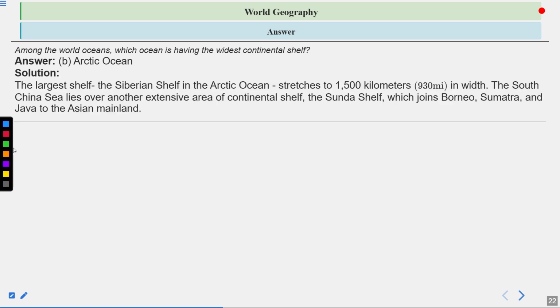The largest shelf, the Siberian Shelf in the Arctic Ocean, stretches to 1500 kilometers in width. The South China Sea lies over another extensive area of continental shelf, the Sunda Shelf, which joins Borneo, Sumatra, and Java to the Asian mainland. So, continental shelf is the area found just below the sea, where the sea starts submerging the continent. And the widest continental shelf is found in Arctic Ocean all over the world.